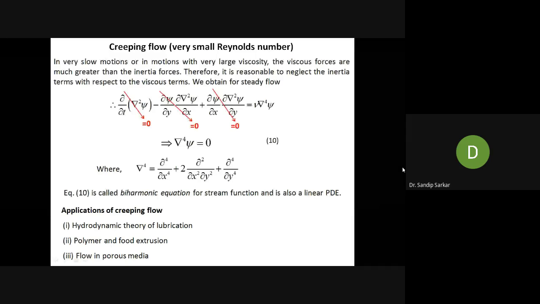For the creeping flow, what have we discussed? The creeping flow is steady and the inertia terms can be neglected. Okay, what are the inertia terms in this equation?